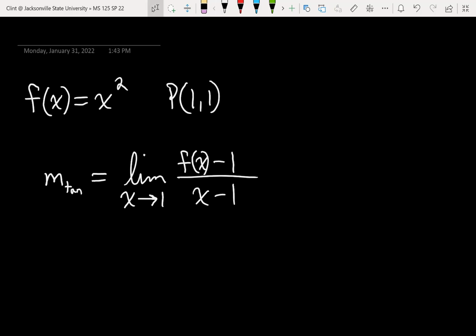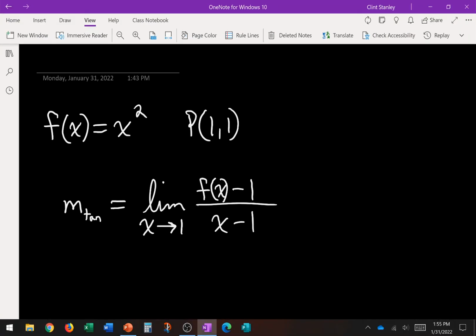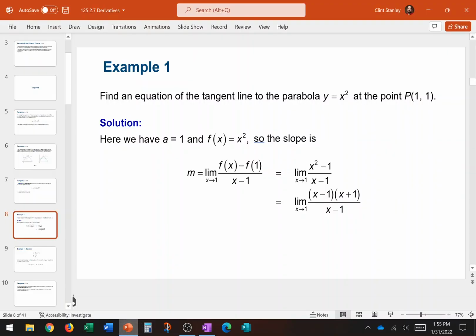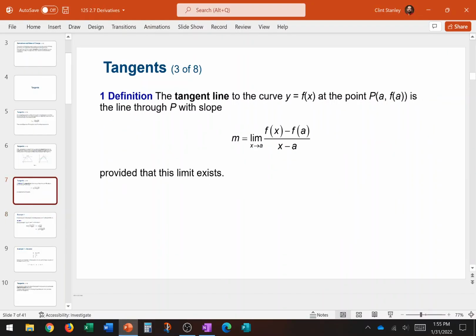All we're doing there is taking this definition, f of x minus f of a over x minus a, and in this case we're plugging in 1 for a, that's the point that we're concerned with, our point P. The point (1, 1), so x coordinate 1, y coordinate 1. Okay.